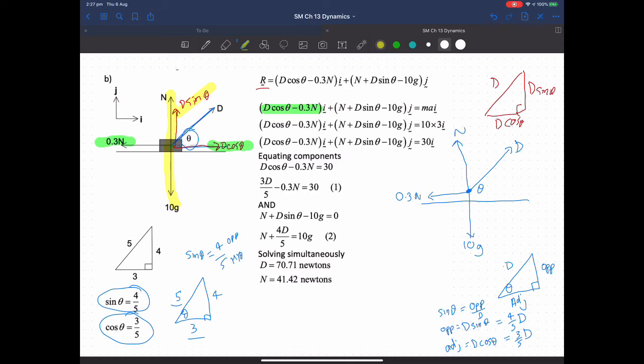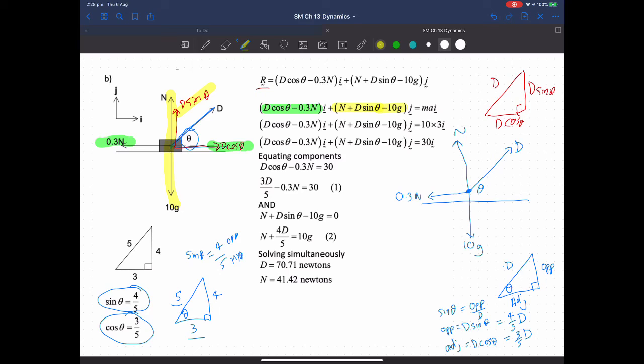So the two positive bits going upwards are N plus D sine theta minus the part going downwards, which is 10g. So what I've got is my resultant vector is D cos theta minus 0.3N in the i direction plus N plus D sine theta minus 10g in the j direction.